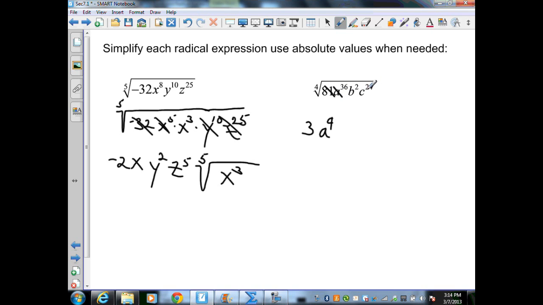And c to the 24th, 24 divided by 4 is c to the 6th. And then since I have an even index, I need absolute values around my odd exponents on the outside. 3, c to the 6th, absolute value of a to the 9th, the 4th root of b squared.